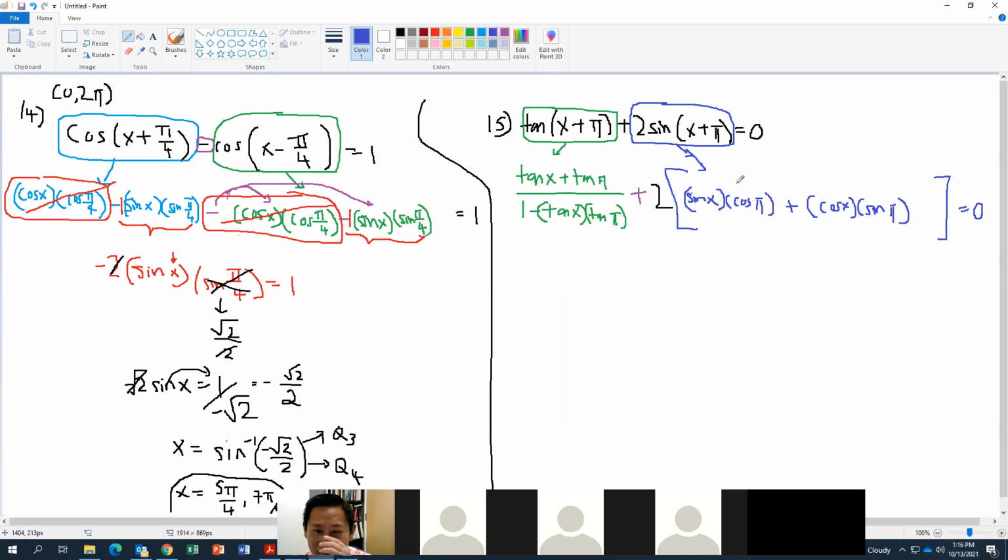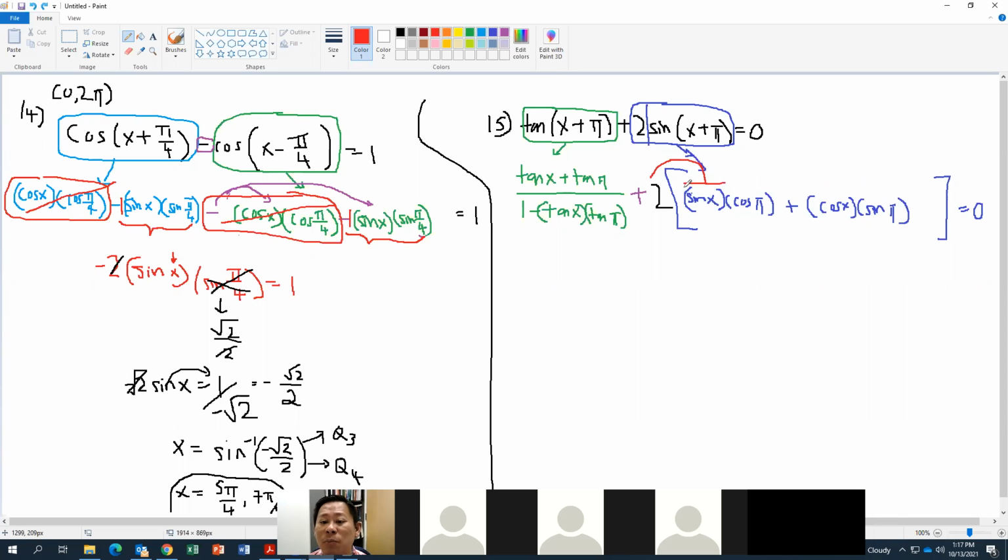The last piece. You will get tan x plus tan pi over 1 minus tan x tan pi. But for sine 2x, I should not include the 2. The sine of x plus pi is sine x cosine pi plus cos x sine pi. And this 2 will be distributed, but not to 4 terms, because if you look carefully, you only get 2 terms.